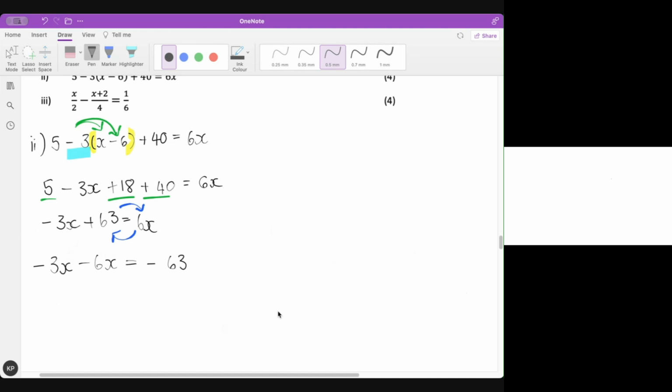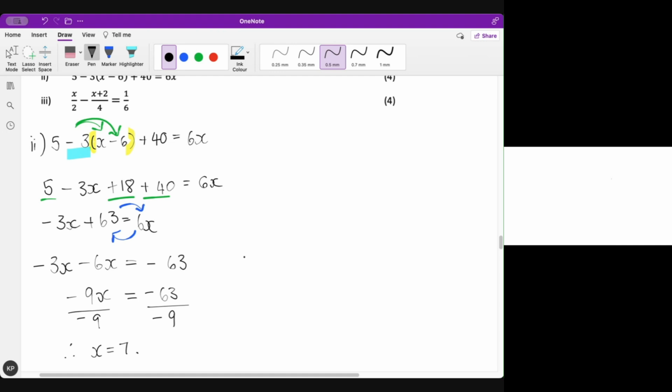Can I get responses, please? Thank you very much, Brilliant. Keep them coming. -9x equals -63. Okay, how do we get rid of -9 in front of x? Divide both sides by -9. And my final answer, therefore, x is equal to 7.